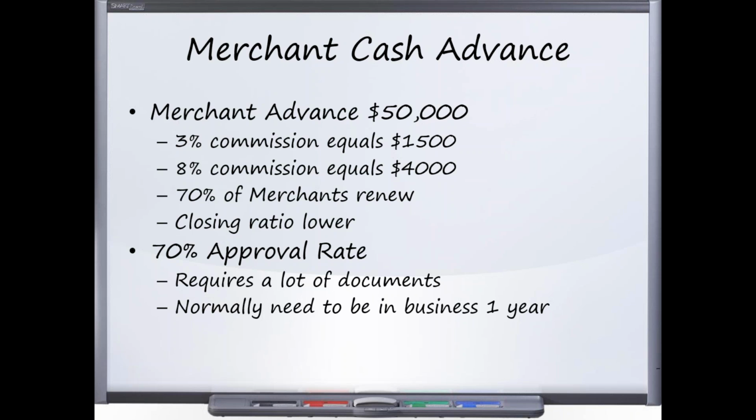If it pays a 3% commission, it pays you $1,500 and you get that money up front. If the deal closes and funds on Monday, on Wednesday morning you guys will get that money sent to you. Now, if it is structured in such a way that it's an 8% commission, that means you'll get $4,000.